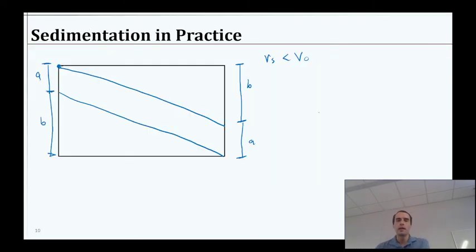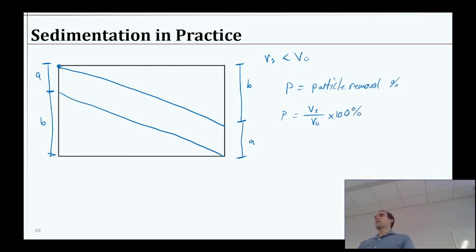So, I meant to include a slide here about that, so I'll just write it up instead. If we say P is the percent of particle removal, we can define P as the ratio of Vs to V naught times 100%.